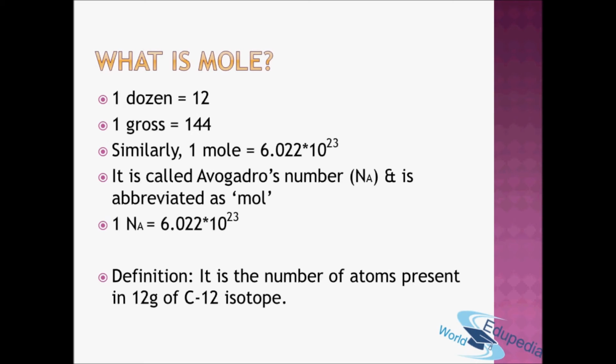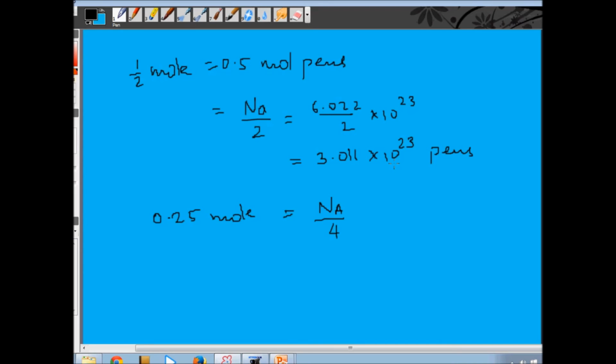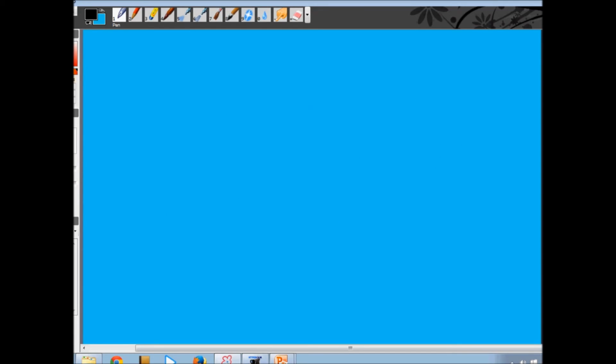So that is why mole can also be defined using this definition, that it is the number of atoms present in 12 gram of carbon 12 isotope. So let's see what this definition actually means to us in numerical form.